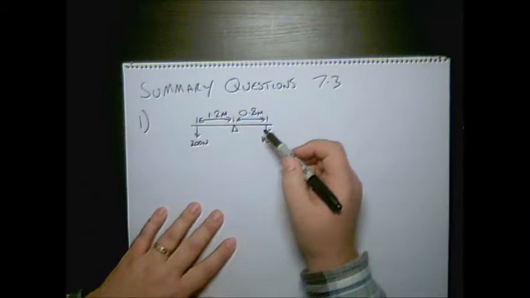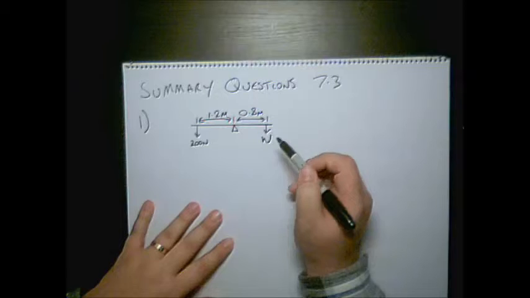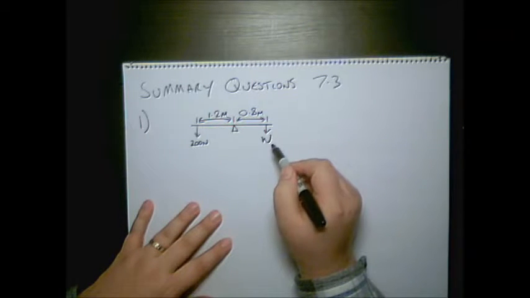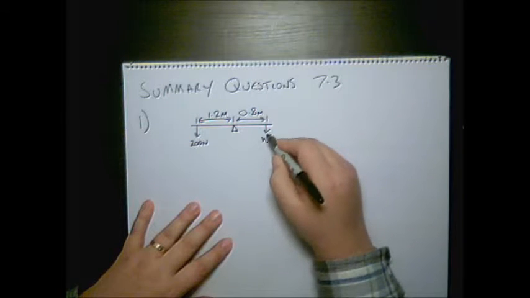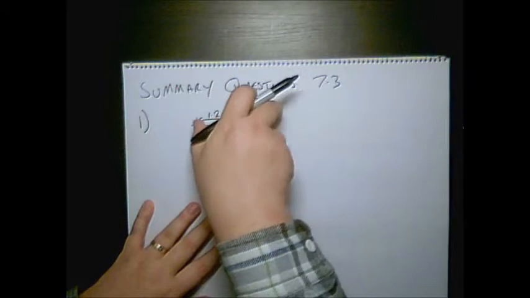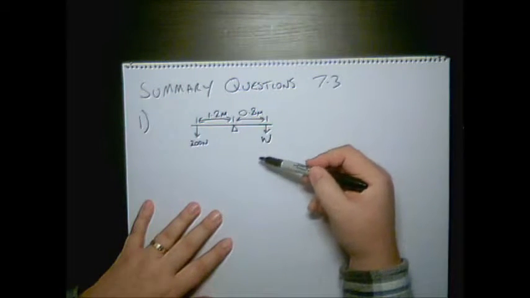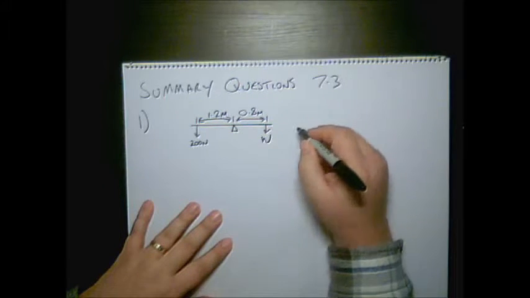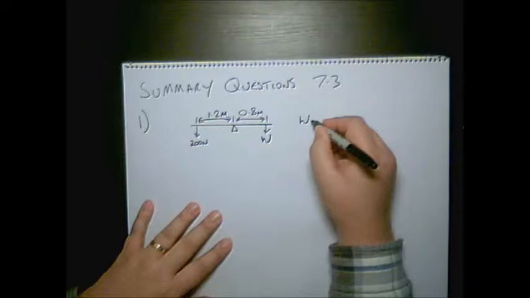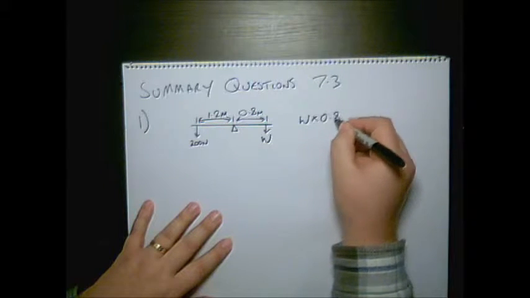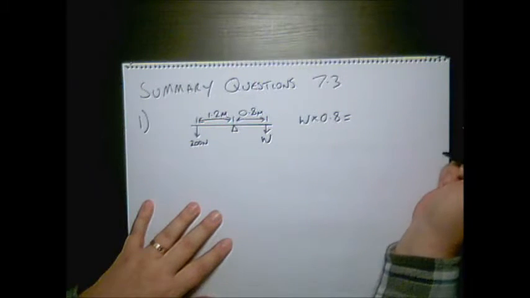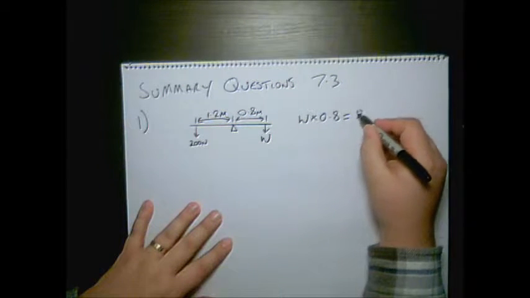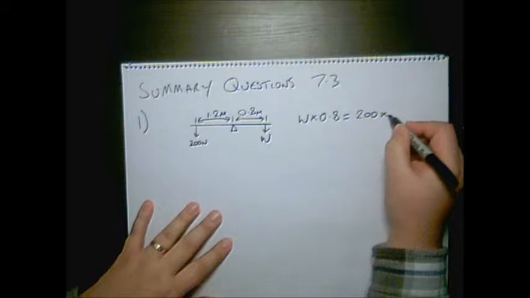We can now say that the anti-clockwise moments will be equal to the clockwise moments. So let's look at the clockwise moments first. That's going to be the weight trying to turn it in this direction, which is the unknown. So we get force times distance for moments, so W times 0.8 will be equal to the anti-clockwise moments, which would be 200 times 1.2.